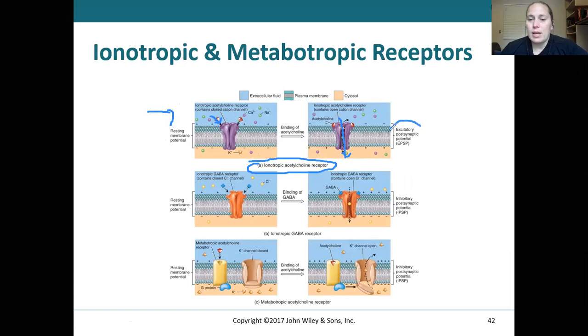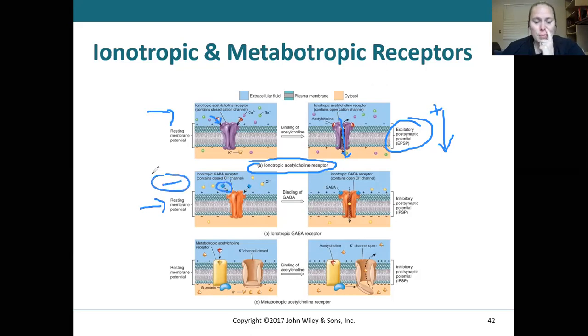This is causing an excitatory postsynaptic potential because you've got positive ions going into the cell. Next, we have the ionotropic GABA receptor. GABA is inhibitory, meaning it makes the cell more negative. Once the neurotransmitter binds, the channel opens, and you've got influx of negative ions, so the inside of the cell becomes more negative.